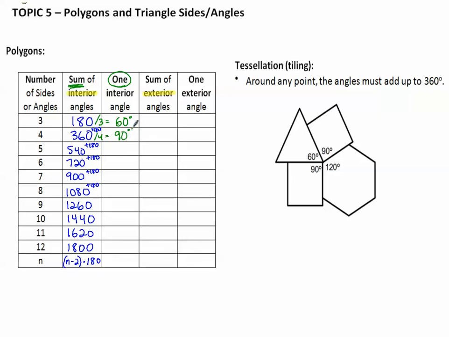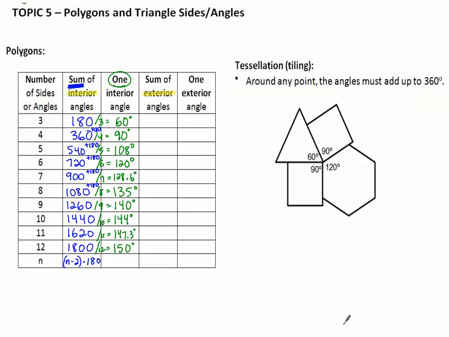If it's a regular polygon, one of those angles will be this, and so on and so forth. Divided by 5 equals 108 degrees. Divide this by 6 equals 120 degrees. Divide this by 7, and keep going. Divide by how many that is, and make your list. Maybe grab your calculator and you can do this on your own.